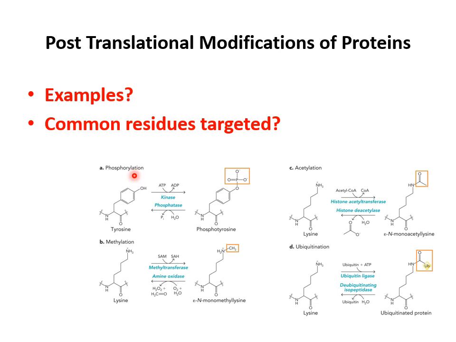I want you to know, for the modifications that I mentioned, which amino acid residues tend to be modified. The next one I want to mention is acetylation. I want you to circle, star, highlight that lysine is the main residue targeted. And a lot of times you can also see protein amino termini targeted.